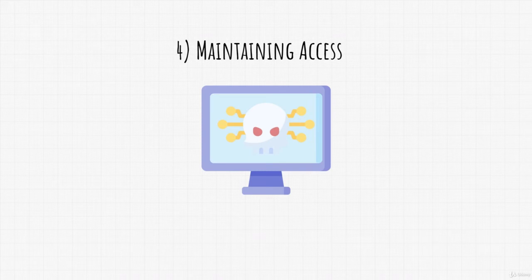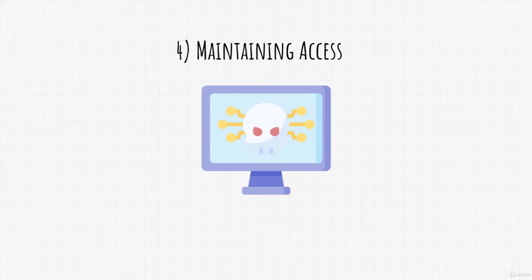However, maintaining access is also an important step, and it is commonly done by installing backdoors and planting rootkits. Backdoors and rootkits are simply programs that will allow us to gain access to that target whenever we want, without the need to exploit it again. We just connect to the backdoor that we planted in the target system, and there it is. We're again on their machine.